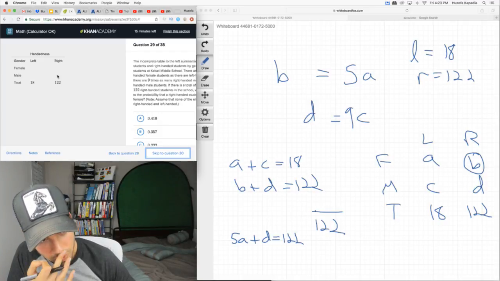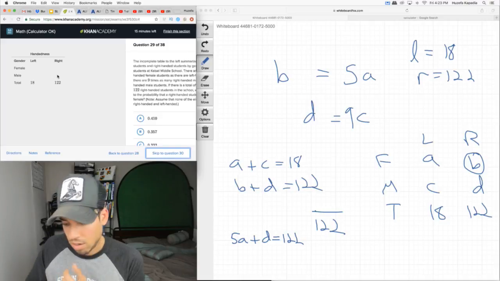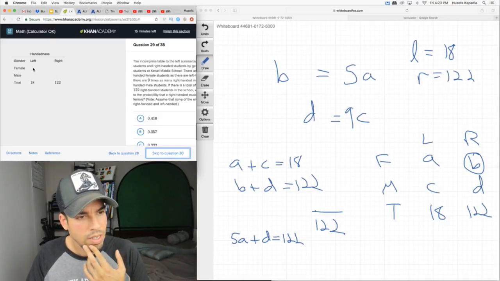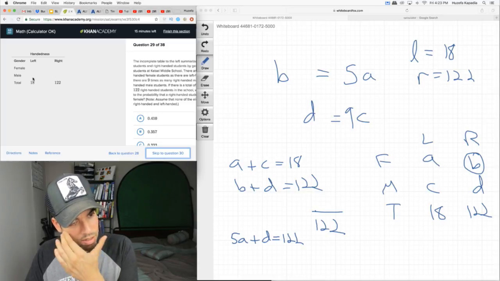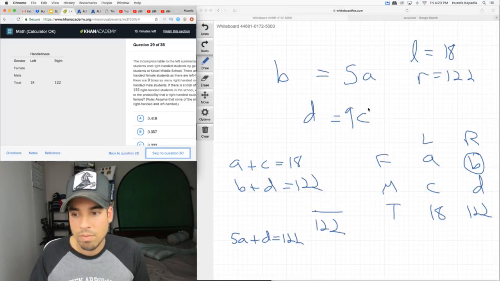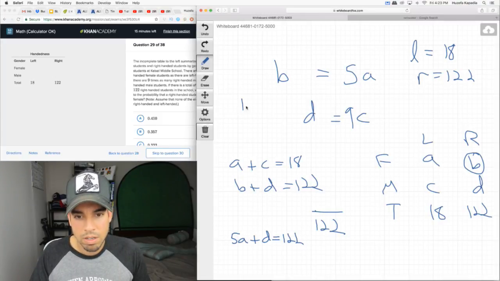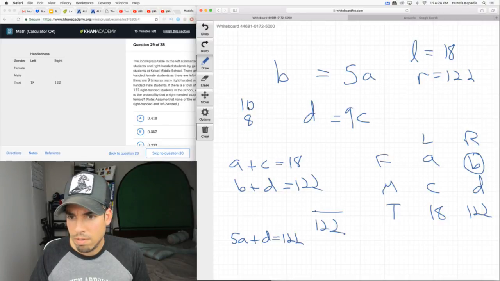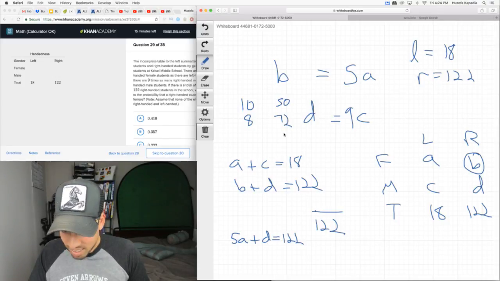So 2, so 1. Oh, wait, I'm kind of seeing it. Okay, hold on. 1, 2. So let's pretend it's like 10 and 8. If this were 10 and 8, this would be 50 and 72. Wait, I think that works.